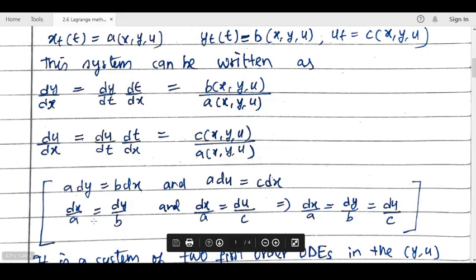So we can equate these three ratios: dx by a equal to dy by b equal to du by c. In this way we are getting a system of ODEs. Here a, b, c are the coefficients. Okay, so we can write the ODEs as dx by a equal to dy by b equal to du by c.